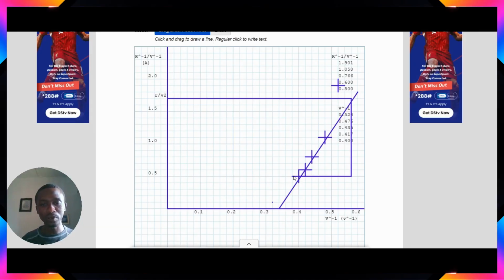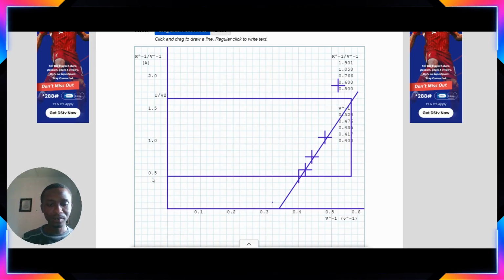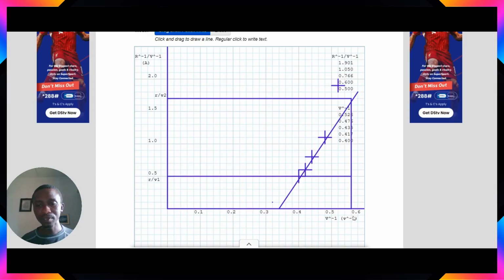Then this point will give you your R inverse over V inverse 1. Then coming down, there will be your V inverse 2, and there will be your V inverse 1.